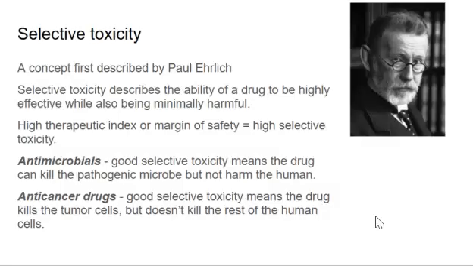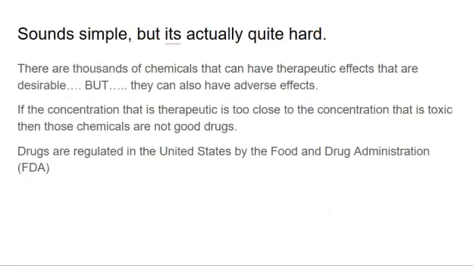It's the goal, right? So high therapeutic index or margin of safety equals high selective toxicity. In antimicrobials, if you have good selective toxicity, it means the drug can kill the pathogenic microbe but not harm the human. For anti-cancer drugs, good selective toxicity means the drug will kill the tumor cells, but it won't kill the rest of the human. So you won't have a lot of adverse side effects from that chemotherapy with your anti-cancer drug.